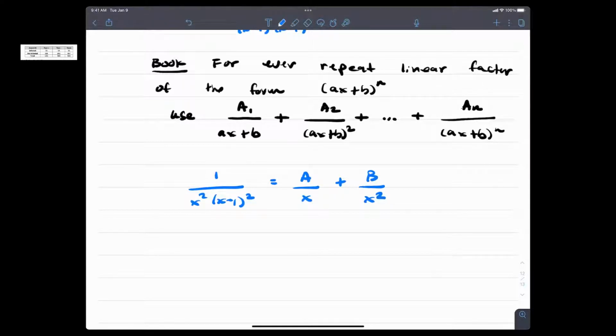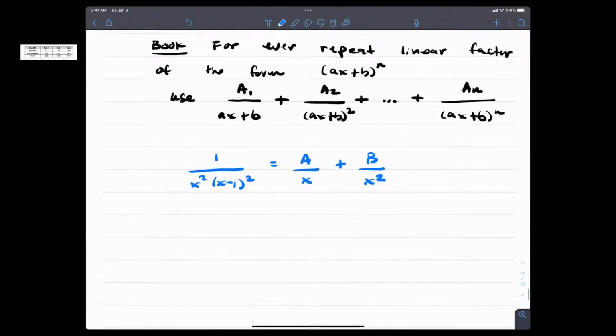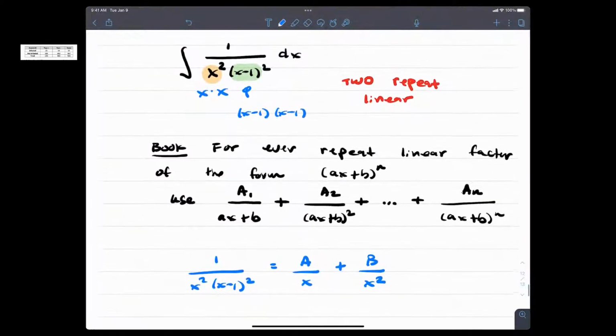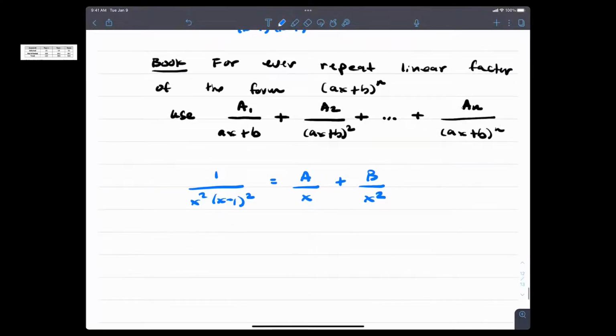So I don't think they do that though, because like I said, they don't want to give you like a big system in theory to solve. But that's kind of how you would do it. If you had a third power, you go plus c over x to the third power. You don't have that. Now they're saying do this for each. Because you have 2, we're now going to have to add a c with x minus 1.